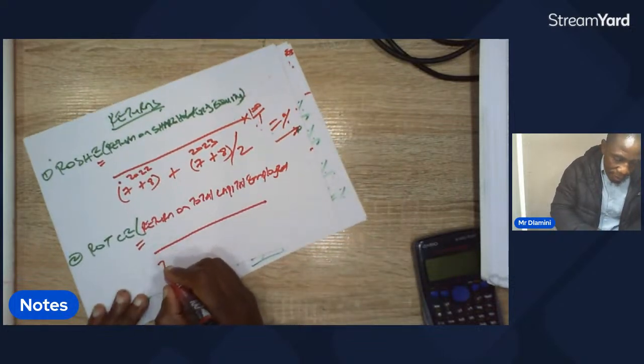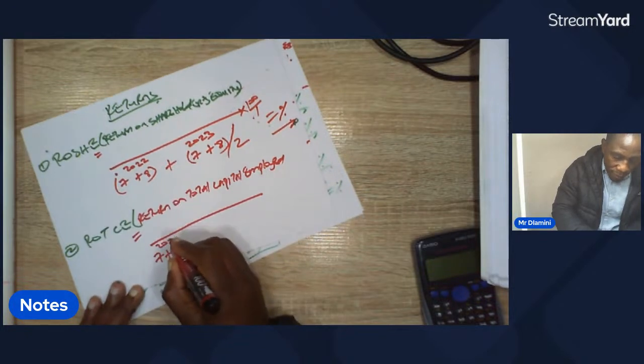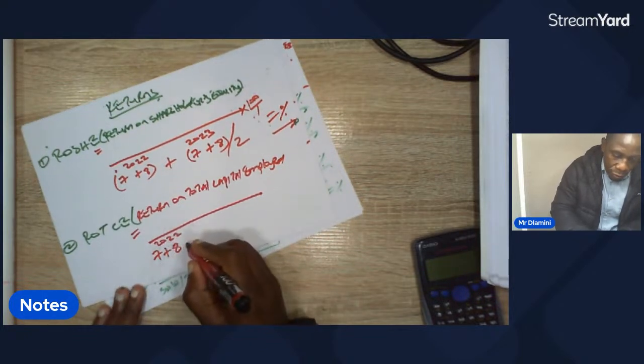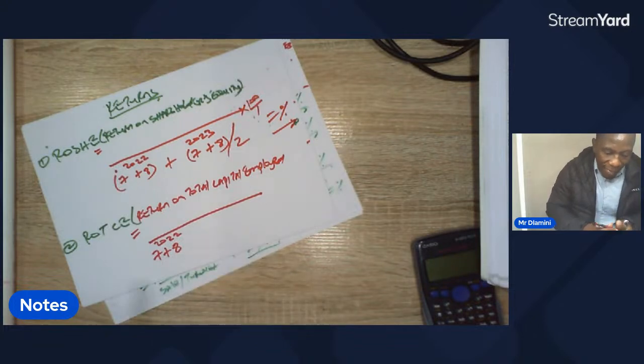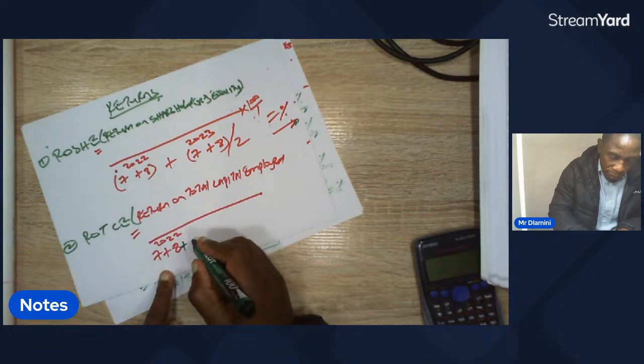For the other one we also have 7 and 8. Last year, 2022, plus non-current liability. It can be a loan or a mortgage loan or mortgage bond.